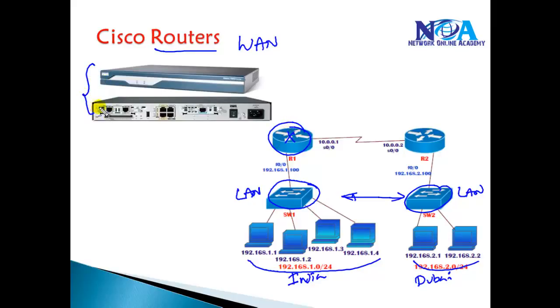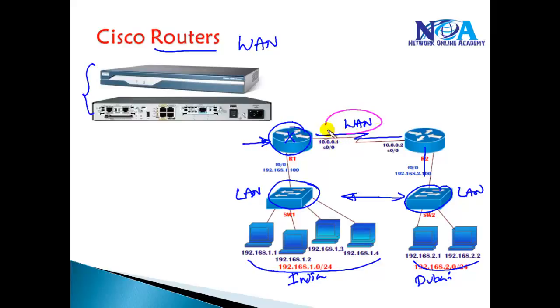Physically it looks like this, a flat box, but diagrammatically we represent it like this. Now we are going to connect them to the router. We take a WAN connection given by the service provider. We'll talk more on connectivity in later sessions. Here we are just trying to understand the basic functionality of each and every device.